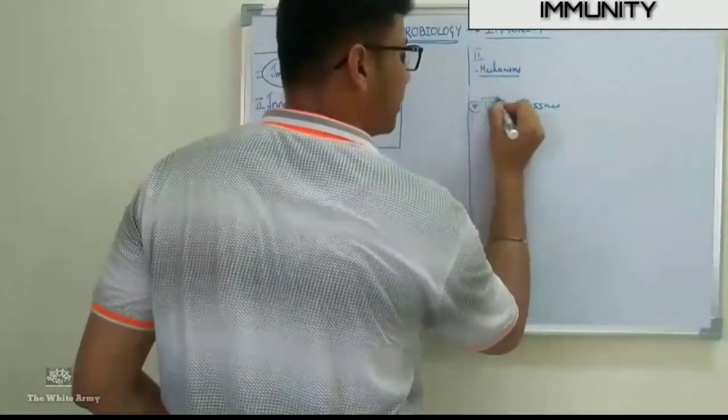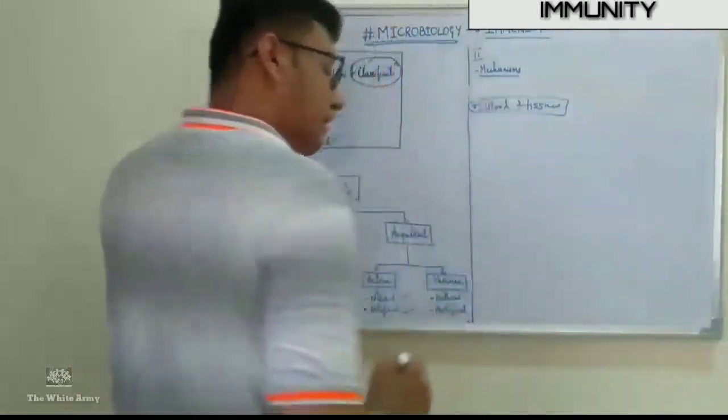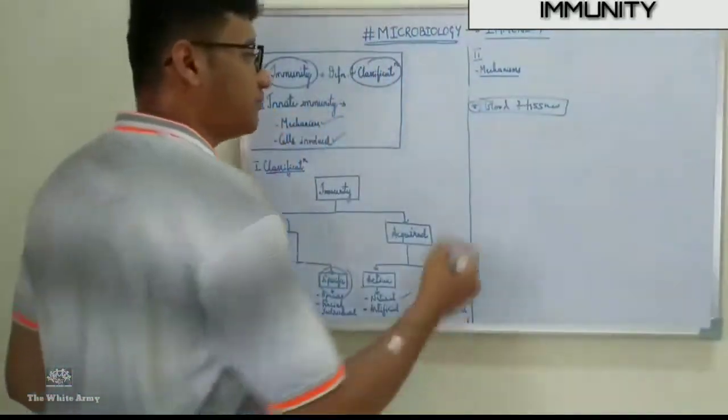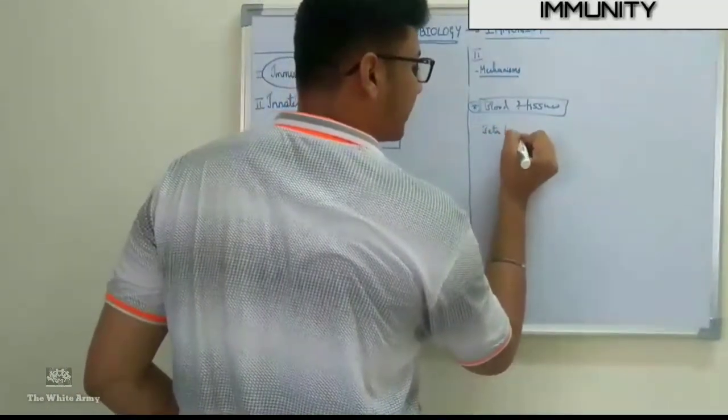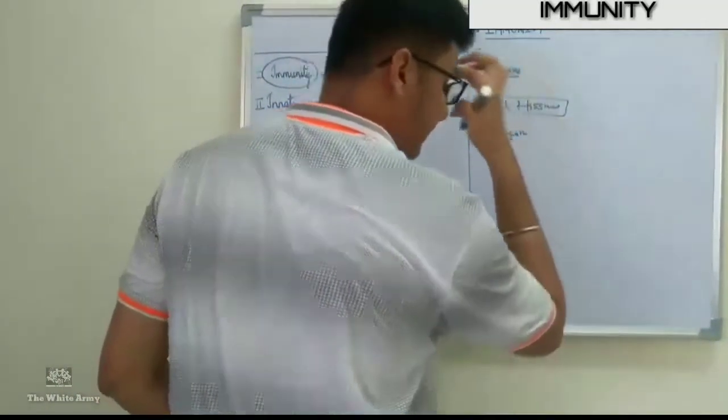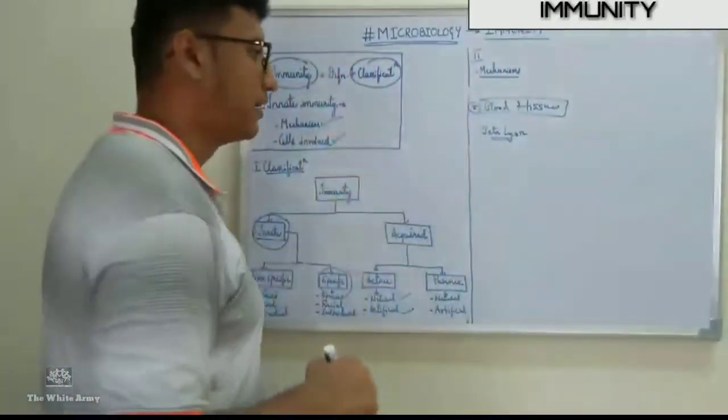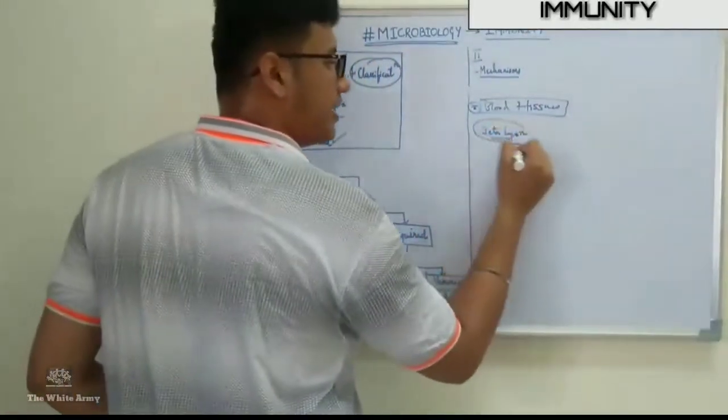There is a substance called beta-lysine, which has bactericidal activity and is present in the blood. This is one of the important factors contributing to the defense mechanism in innate immunity.